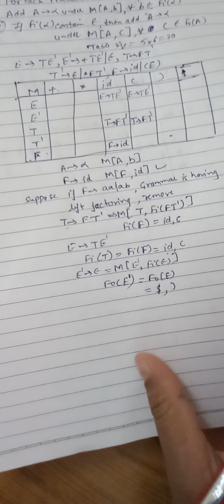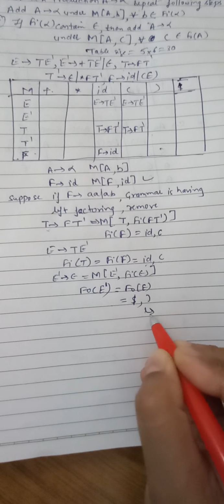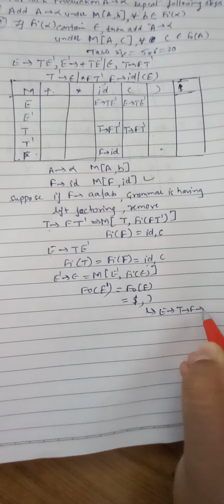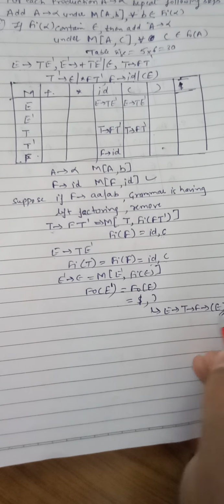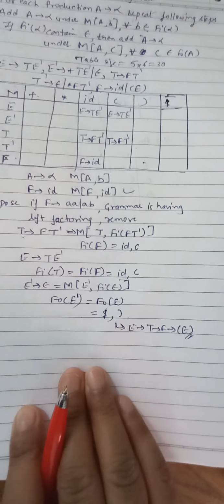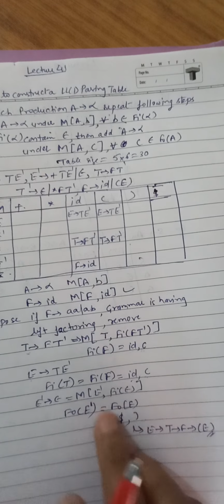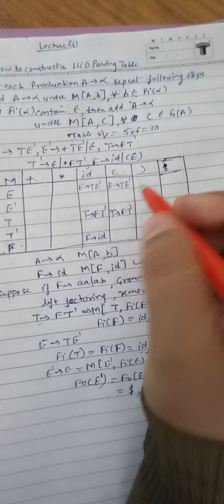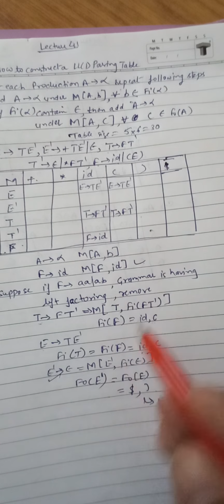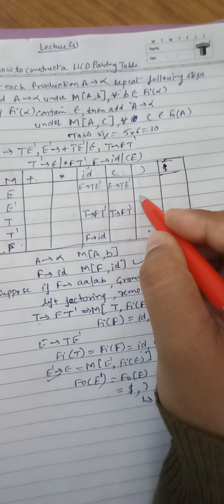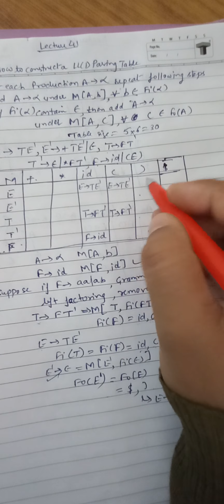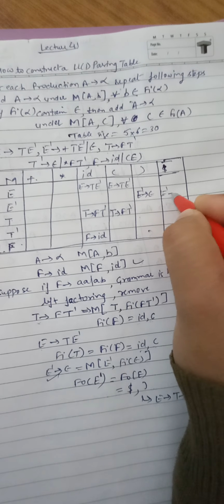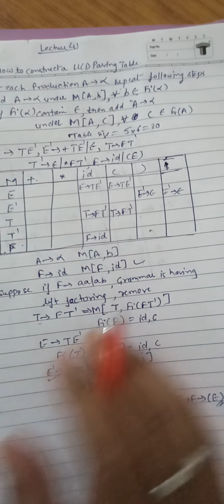So we will write e dash tends to epsilon in closing bracket and dollar.